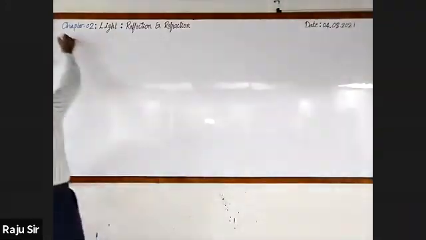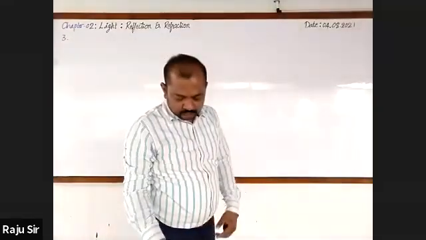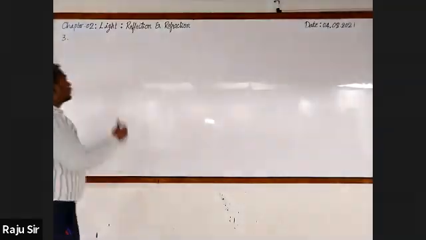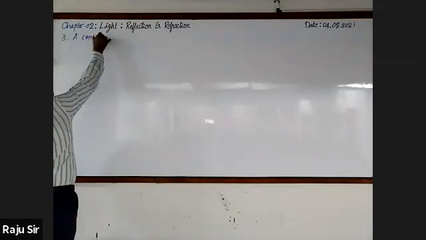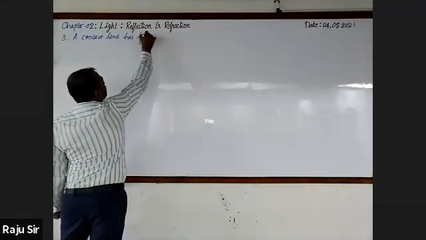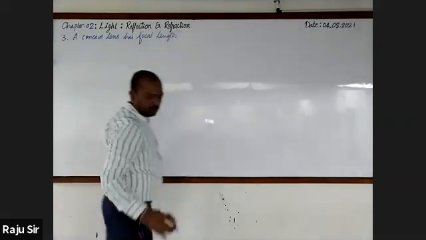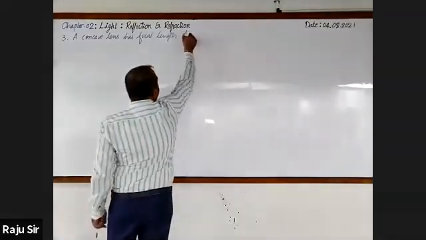Third one. A concave lens has a focal length of 15 centimeter.